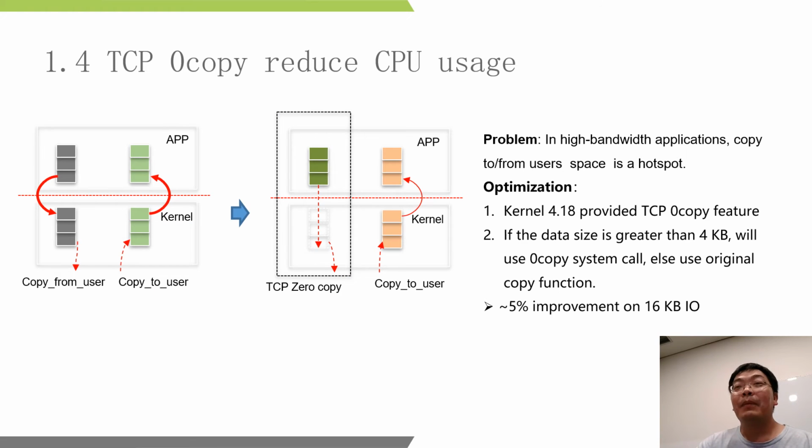And finally, the bottom of the network. We choose the kernel TCP zero copy scheme. TCP zero copy requires kernel version 4.18. The mainstream OSes have been upgraded to this kernel version, which has good universality, such as openEuler, CentOS 8, and so on.